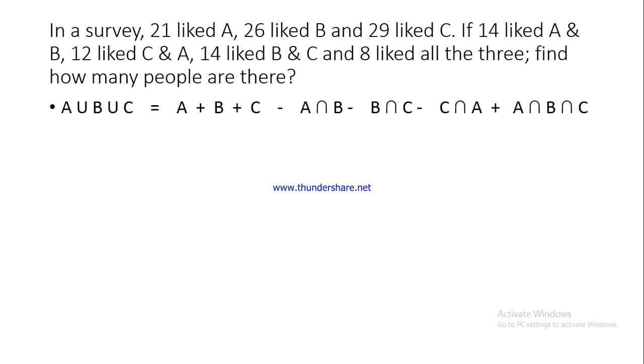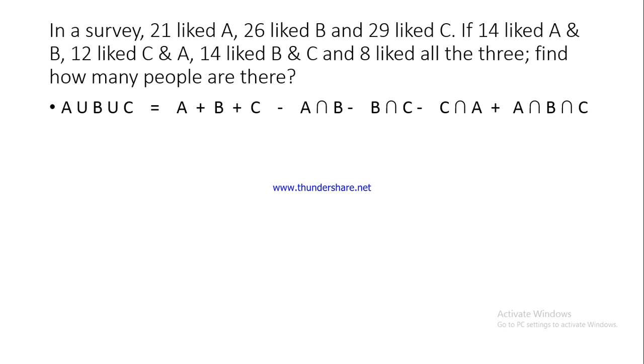A union B union C: simply add up the sets individually, A plus B plus C, then subtract all the possible intersections of two sets, minus A intersection B, minus B intersection C and minus C intersection A. These are the three intersections possible of two sets each, and then you have to add up the overlap of all the three sets, the intersection of all the three sets, A intersection B intersection C. So this is the formula that you have to remember.